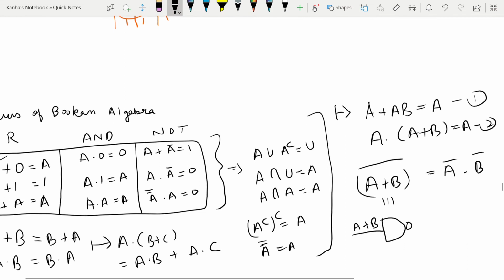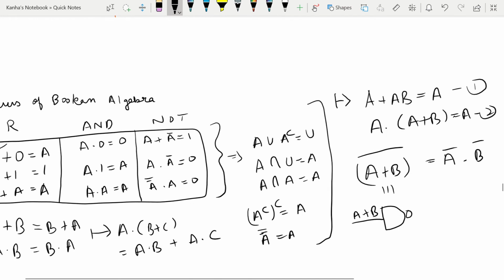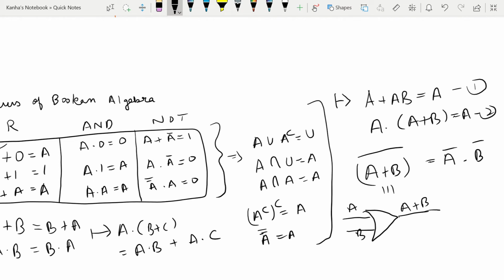Or if I want to write it explicitly for you to understand, there is an OR gate first where A and B come in. The output is A plus B. And then this goes into a NOT gate from which I get (A plus B) bar.